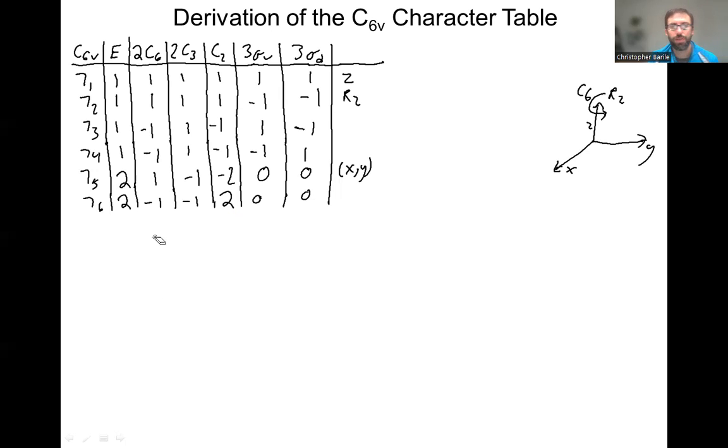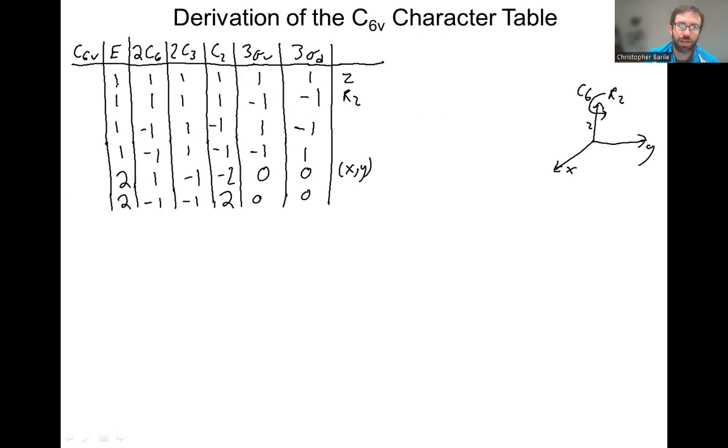The only other thing to do at this point is to give the Mulliken symbols. There are rules for these Mulliken symbols, and I have a video on that. But for the Mulliken symbols, you give it an A or B if the dimensionality is 1.